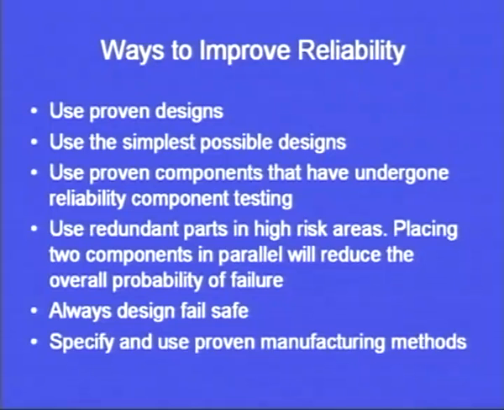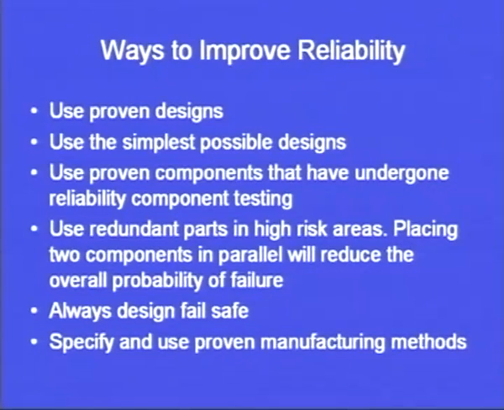For our system or product, we should use only those components which have undergone reliability component testing. If we use those components, their individual reliabilities would add up into the reliability of the complete product or the complete assembly.